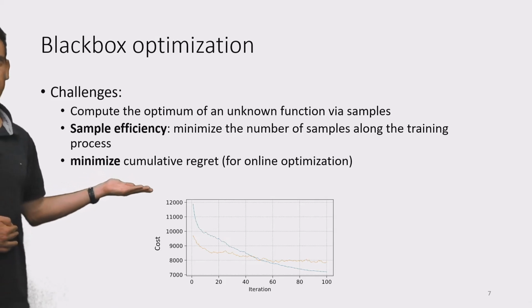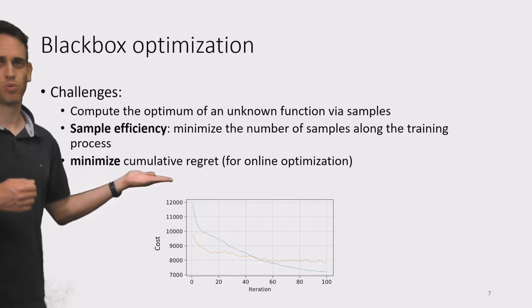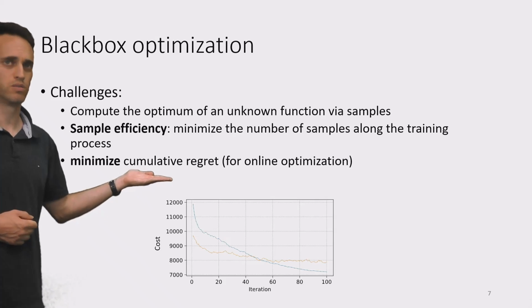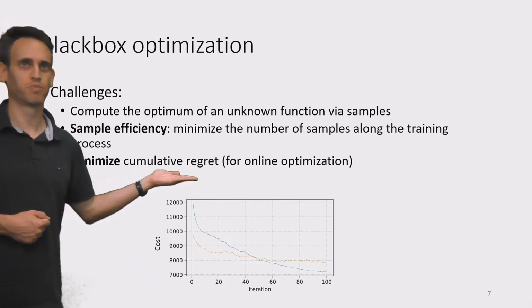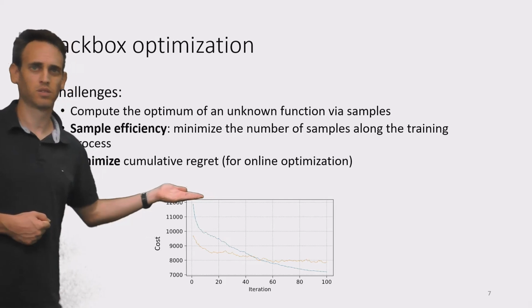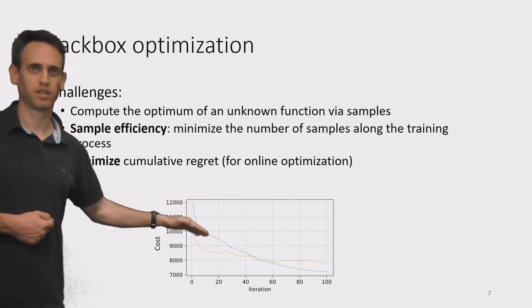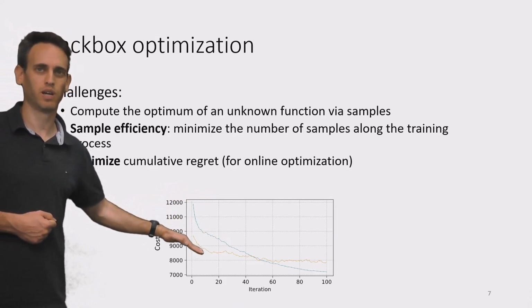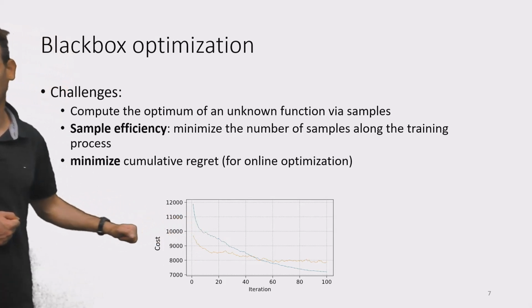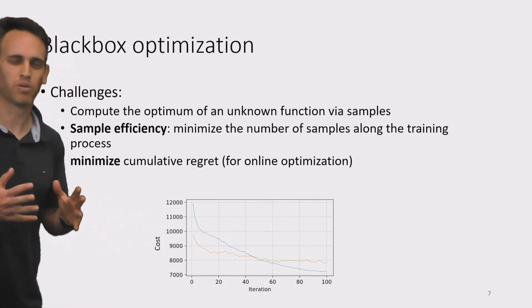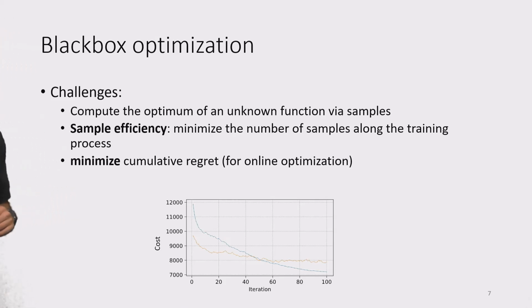And in many cases, this is also something that operates in the real world. So in many cases we would also like to minimize cumulative regret. Right? Hopefully you remember what regret is. It's like the area under the curve for each one of the training functions. About the area under the curve, it has a more specific definition, which we previously discussed already.